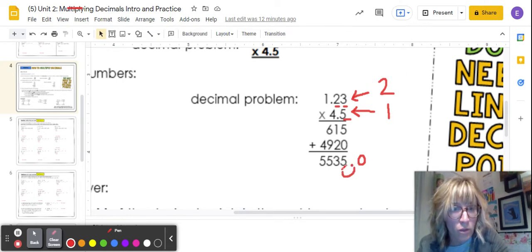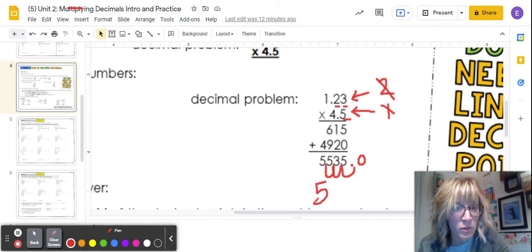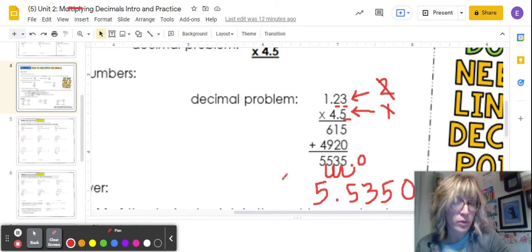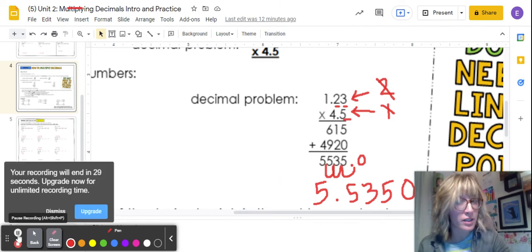So we're going to move it 2 times smaller, and then 1 time smaller. So our decimal has now moved here, and we could put that 0 there or not. We now see that we have an answer around 5, which makes sense because our estimate told us it should be around 5.